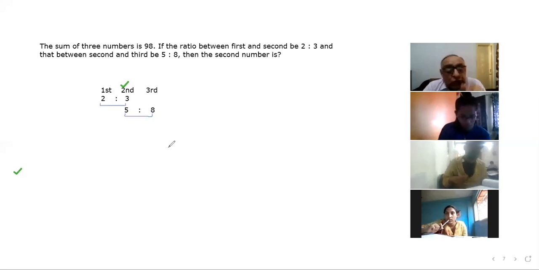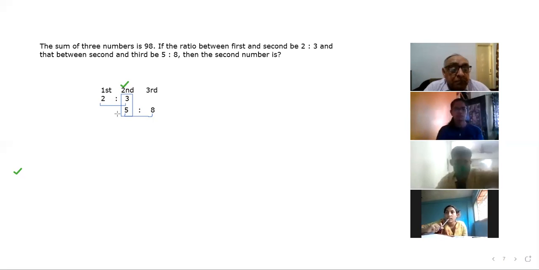So हमने तीनों की रेशियो निकालनी है. इसके लिए बेटा प्लीज फोकस हियर, this middle number, let us make it equal in both the cases. So how to make it equal?